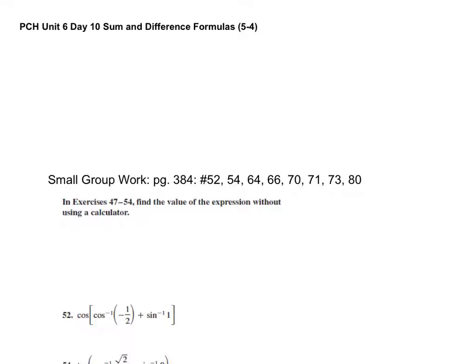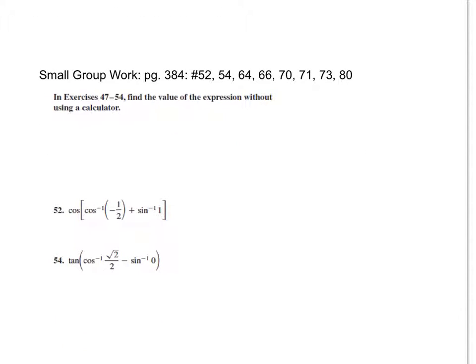Fun fact. That's it for this. The one thing I do want to point out is, on these, what are you going to do before you start using your formula? Simplify the inward thing, those inverse trig functions. So what is the inverse cosine of negative 1/2? We're looking for an angle whose cosine is negative 1/2.